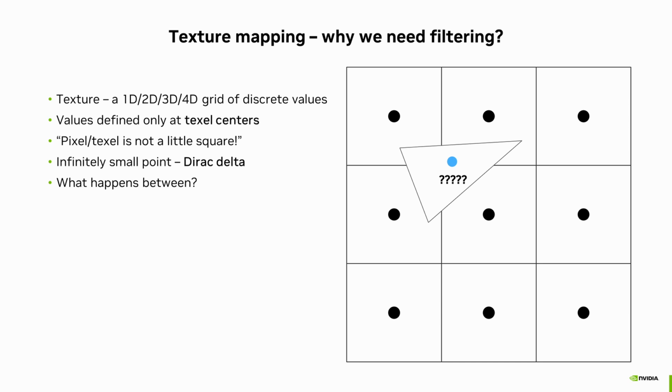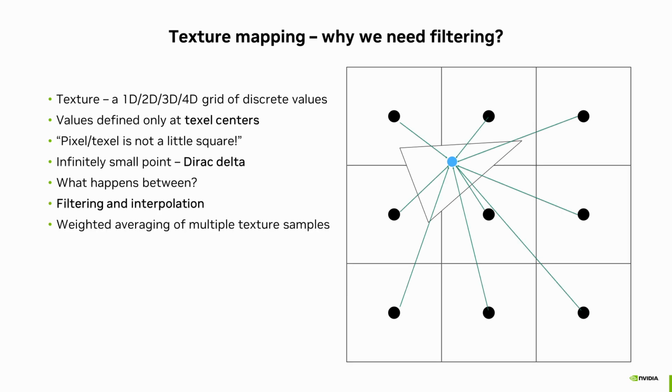When we use a texture during rendering, we never hit an infinitely small point, and we need to evaluate the texture value at an arbitrary position in between. To do that, we use a process called filtering, interpolation, or sometimes reconstruction. Texture filtering takes a weighted average of multiple texture samples.